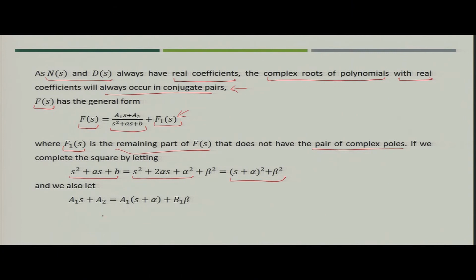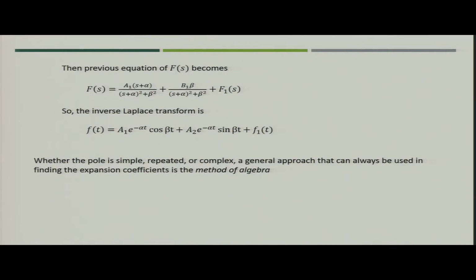Similarly, in the numerator also you can arrange the polynomial in such a way that it looks like a1 into (s plus alpha) plus b1 beta. So, when you rearrange the numerator as well as the denominator, what do you get?